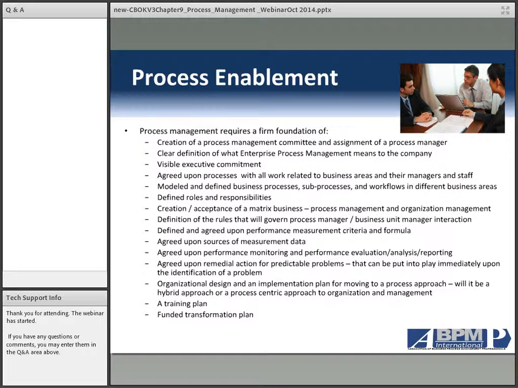Some companies that I deal with have a turnover of the executive staff every 3 to 5 years. As you start to move into process enablement, and enabling the overall process management and performance execution at the process level, it's going to take a while. You're not going to do this in 3 months.